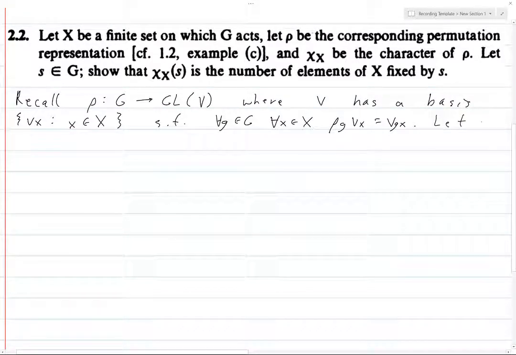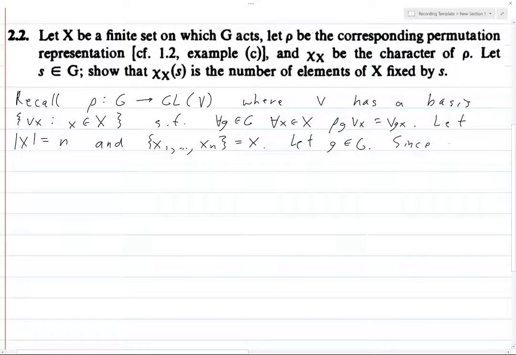So let the norm of X equal n, and let x1 through xn be precisely the elements of big X. And let g be in big G. Since G acts on X, g permutes the elements of X. It's just by definition.